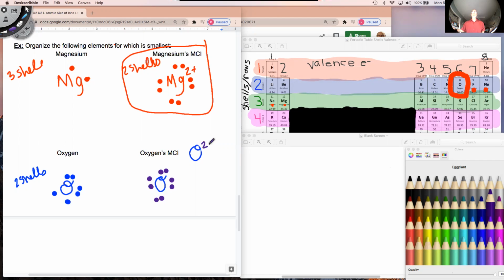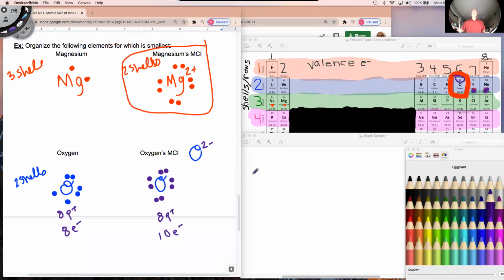So that's oxygen 2 minus. Oxygen normally has 8 protons and 8 electrons, so it's neutral. But the ion that just gained 2 more electrons is going to have 8 protons and 10 electrons.